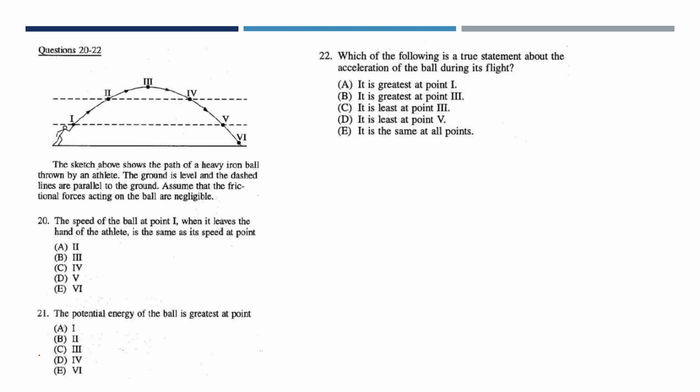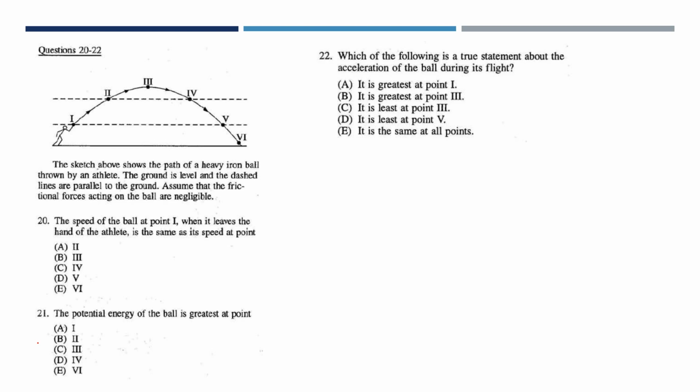For questions 20 to 22. The sketch above shows the path of a heavy iron ball thrown by an athlete. The ground is level and the dashed lines are parallel to the ground. Assume that the frictional forces acting on the ball are negligible. Question 20.